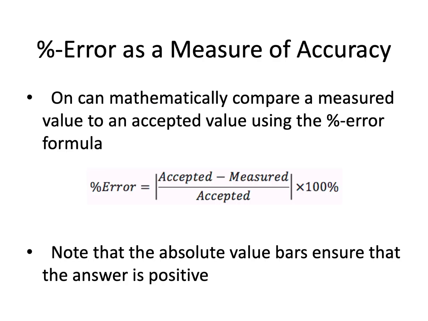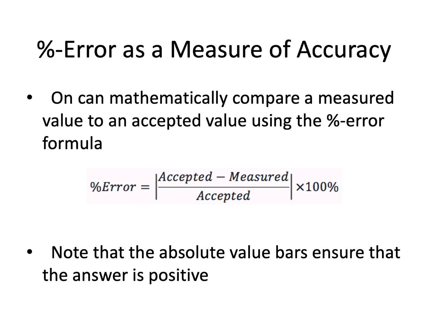Now, the usual way that we quantify accuracy is through percent error. We can mathematically compare a measured value to the accepted value using the so-called percent error formula. You've probably seen this in some of your high school science classes before. The percent error formula is: you take the accepted value and you subtract from it the measured value, and then you divide it by the accepted value.